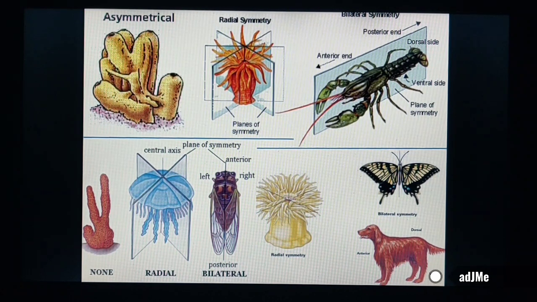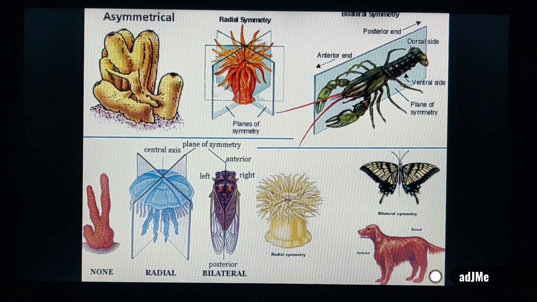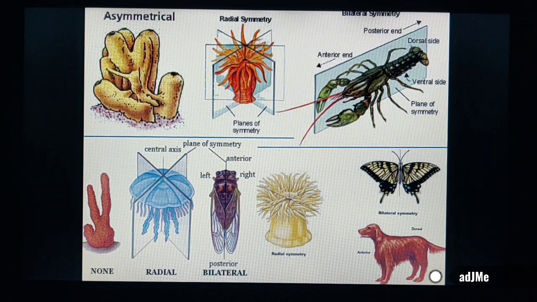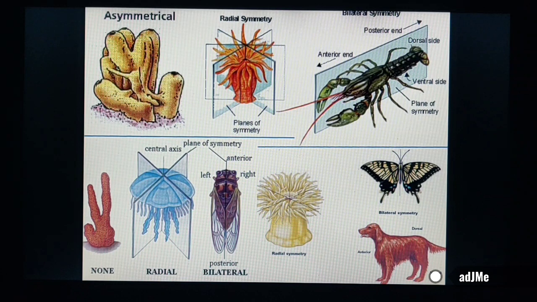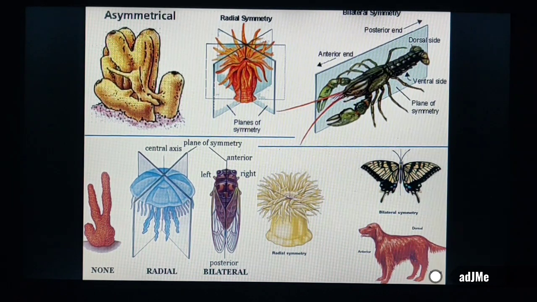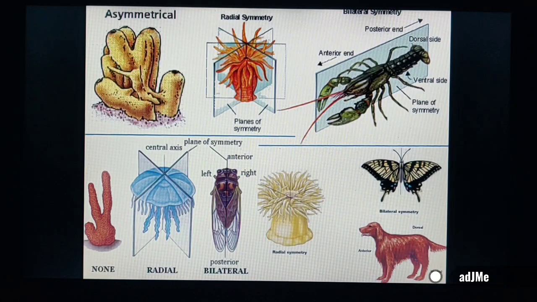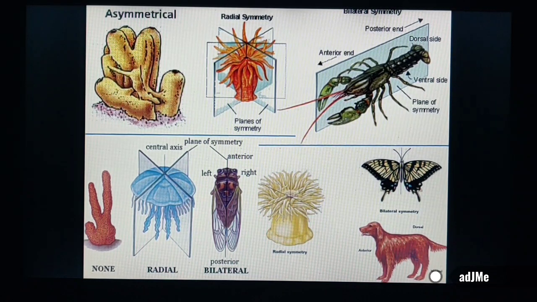Then second, I have radial symmetry, the jellyfish or hydra, which can be divided in many planes. Then on the rightmost top corner I have the bilateral symmetry of a lobster. I hope you know what a lobster is. It looks like a shrimp or a prawn, but it will be almost the size of a plate. You might have seen it in some food related channels.